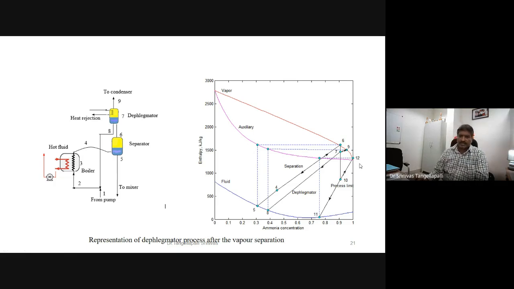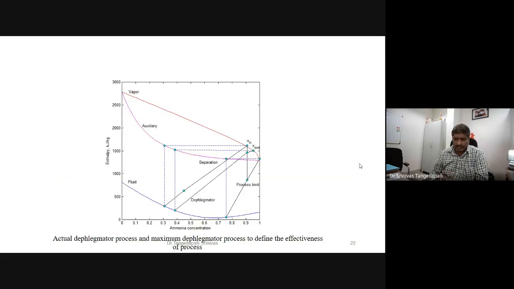That's it. Depletion process, maximum depletion process, to define the effectiveness of the process.